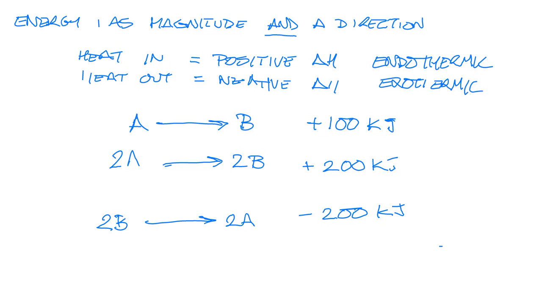Now there's a guy called Hess. And Hess put all of these things together and says that if you can construct a roadmap of how your reaction works, then the overall energy change is the sum of all of the individual energy changes.